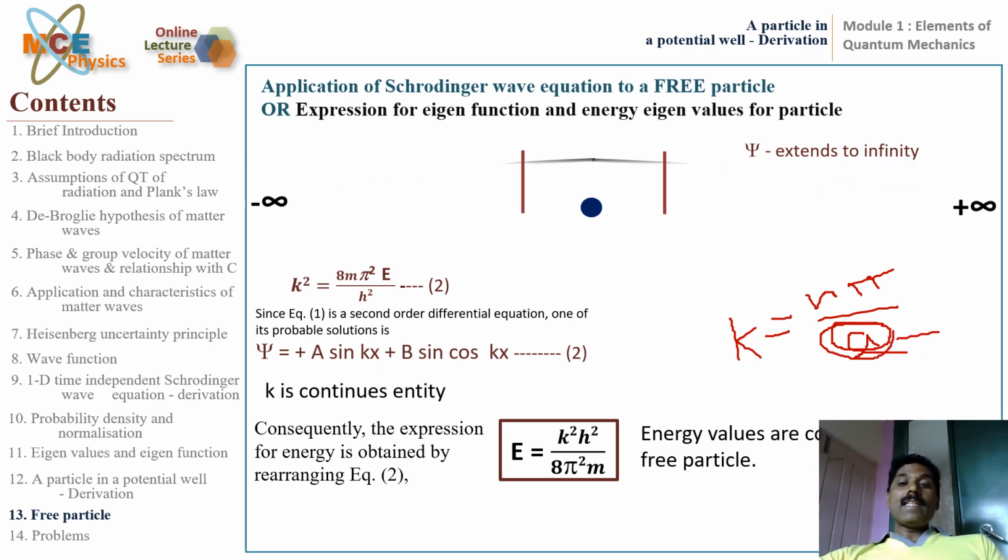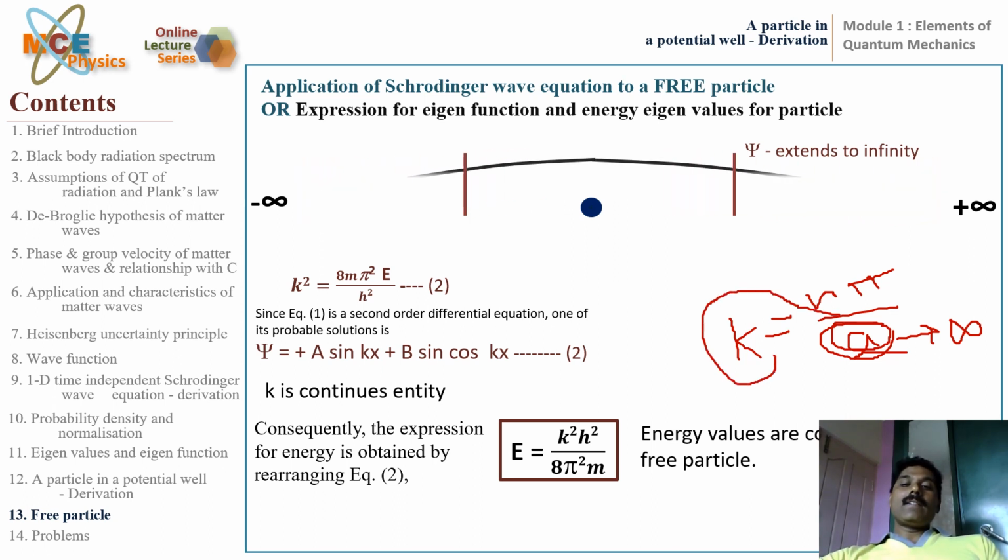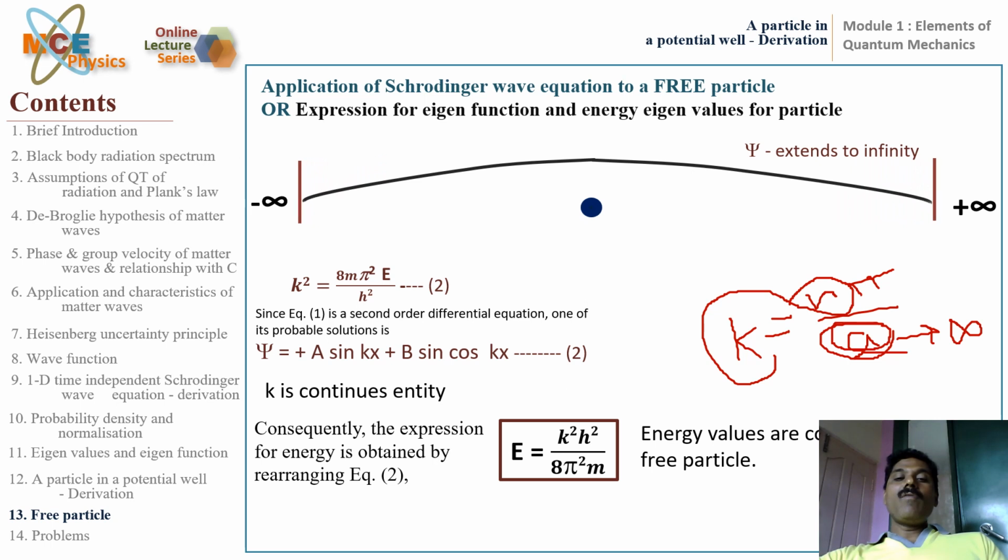But how to define this a now? You cannot define it because it can tend to infinity. a may be anything. So k need not be quantized. The equation k equal to n pi by a need not be valid for a free particle. k can have continuous values.